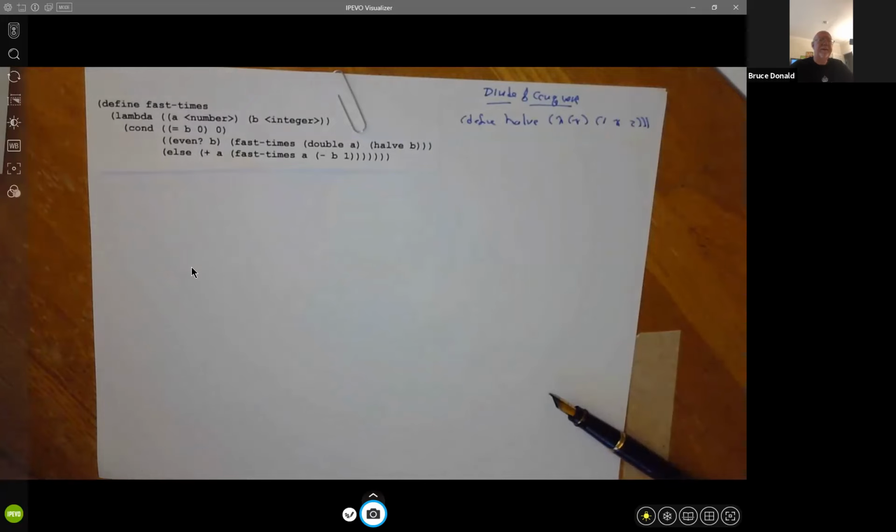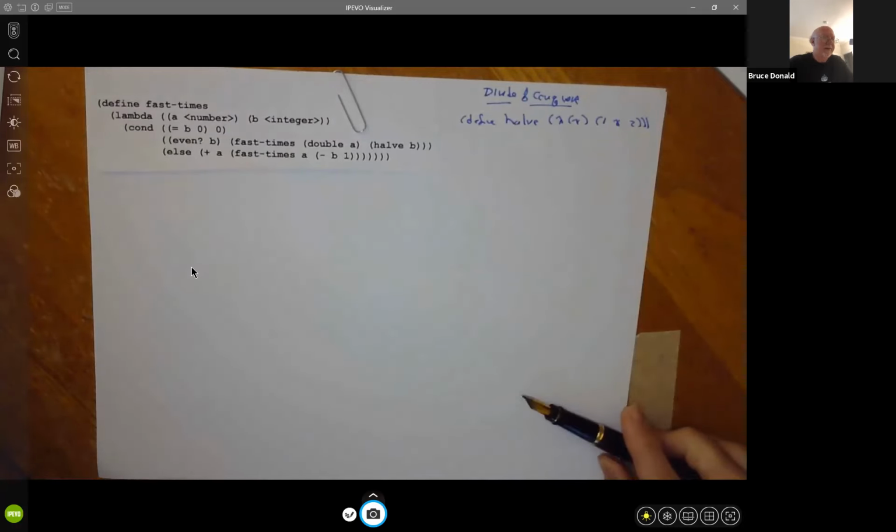Why am I saying that? So they do invoke a primitive operation, which is true. But as I mentioned, you could imagine having some fancy functions that actually grew with size. And I sort of claim that you still could do double and half rather quickly.